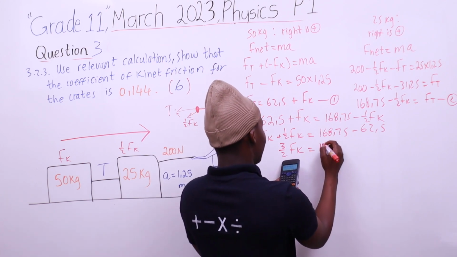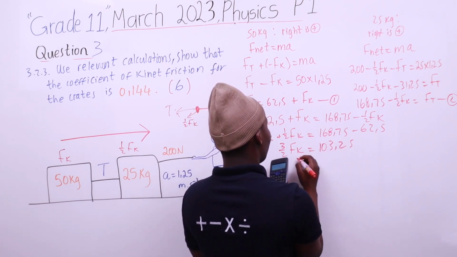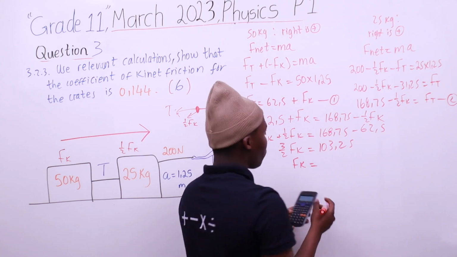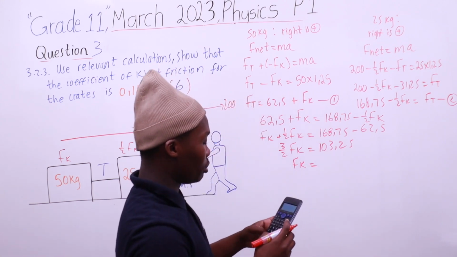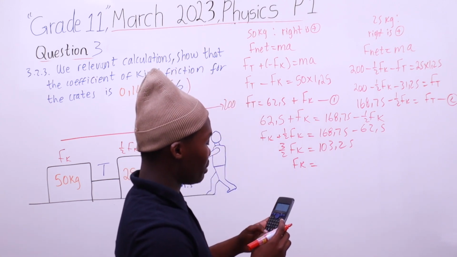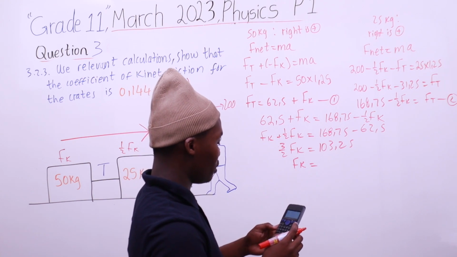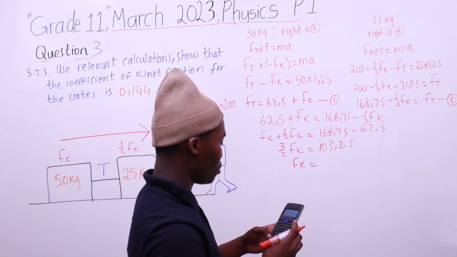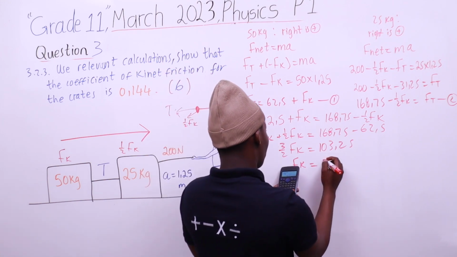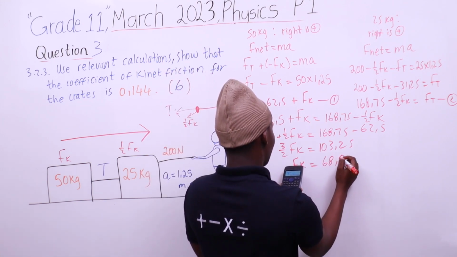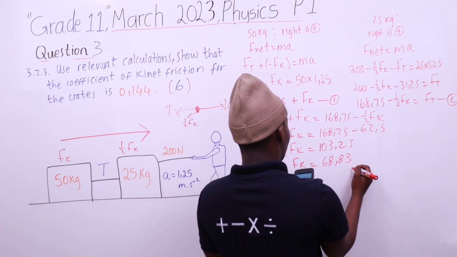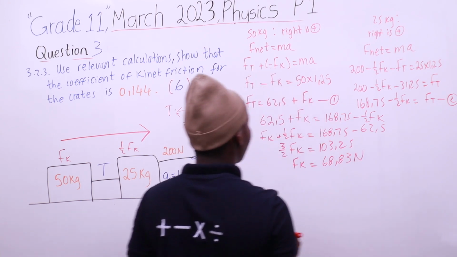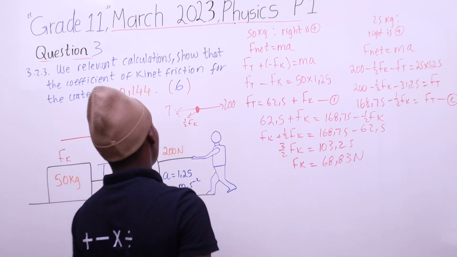Lower 103,25. So therefore fk, so 103,25 divided by 3 over 2. Lower usinikeza 68,83 newtons. In there friction yethu.